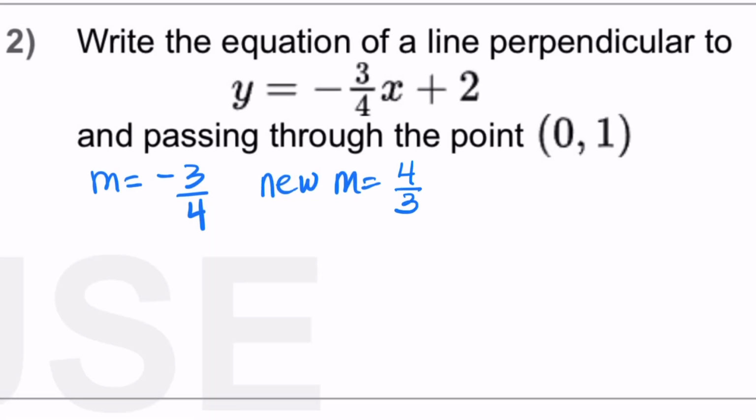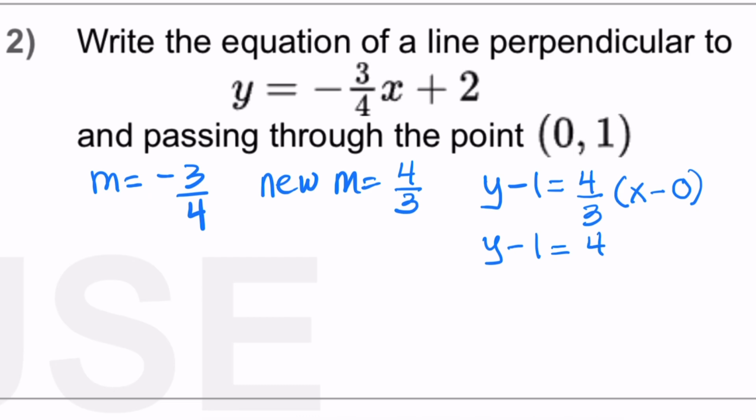So I'm going to put this in point slope form. y minus 1 is equal to 4 over 3 times x minus 0.